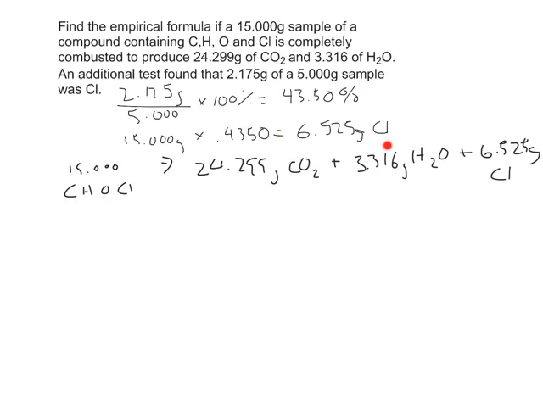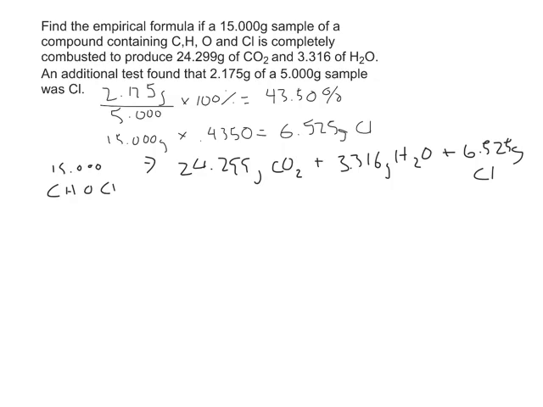And I got that number by the percentage. So I figured out the percentage using this, and then, since I'm using the 15-gram sample to get my carbon and hydrogen, I'm just going to figure out what is 43.5% of this. That way I can have all of my data in one problem.